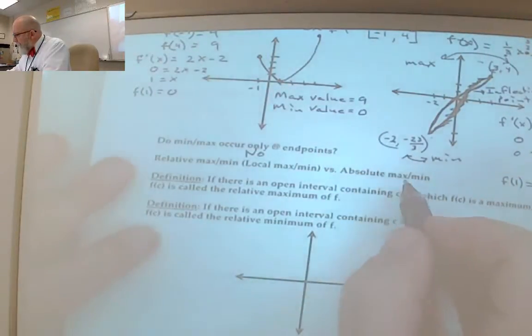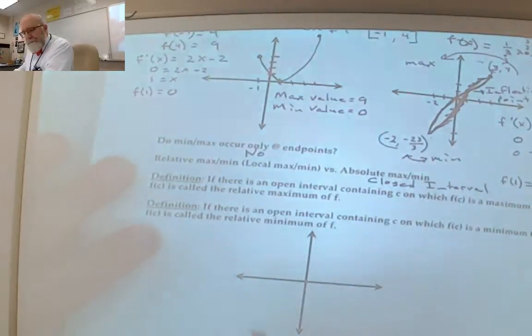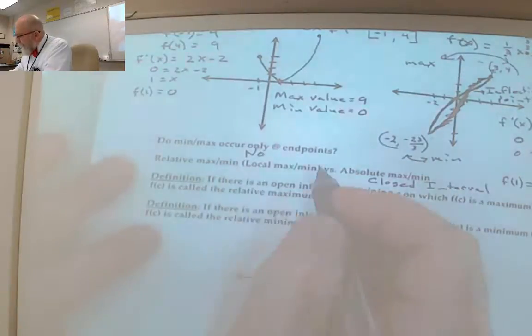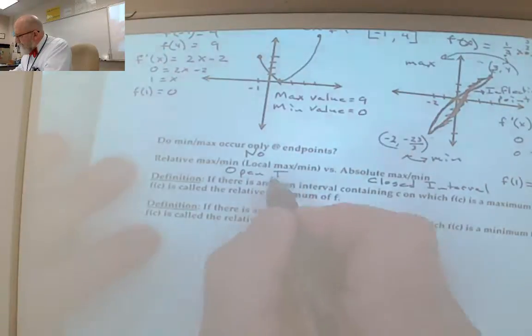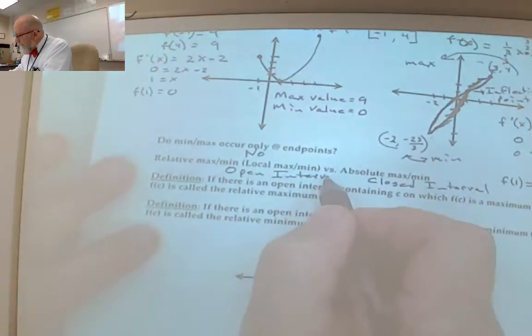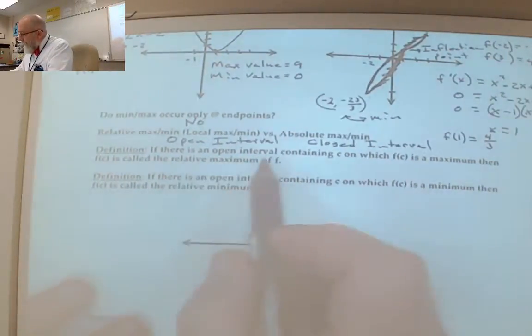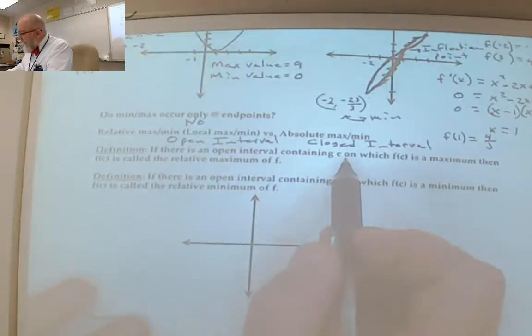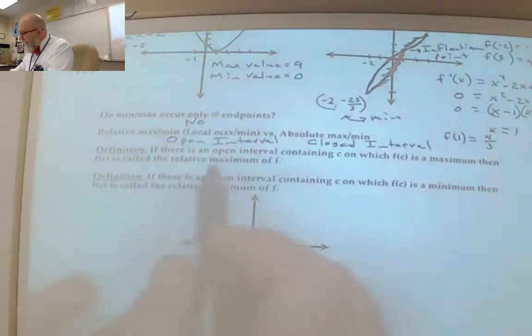An absolute max and min occurs on a closed interval, and a relative max and min occur on an open interval. If there's an open interval containing c on which f of c is the maximum, then f of c is called the relative maximum of f.